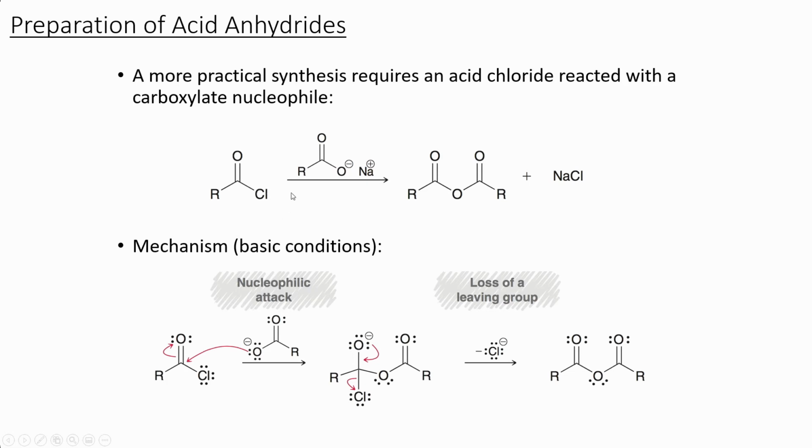Guess what? Acid chloride can be employed again. This time our nucleophile will be an acetate anion. In our mechanism, we have nucleophilic attack of the acetate anion at the acid chloride, which opens up the tetrahedral intermediate, which then can close back down, expelling chloride as a leaving group, and the anhydride is formed.